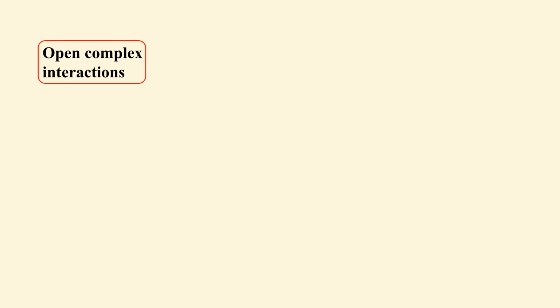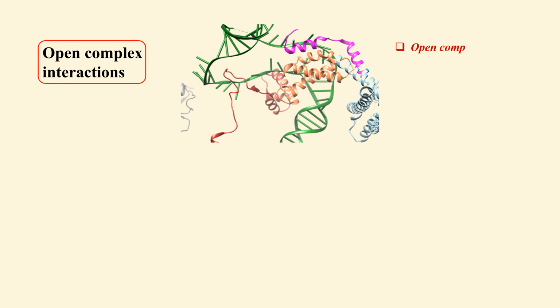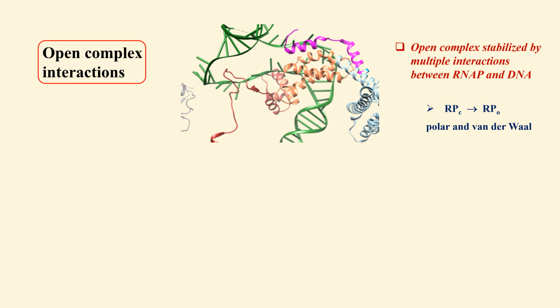The open complex is stabilized by multiple interactions between the DNA and RNA polymerase amino acid residues. Contacts between domain 2 of sigma and the duplex form of the promoter, which were polar and van der Waals in the closed complex, are mostly replaced by aromatic interactions in the open complex.